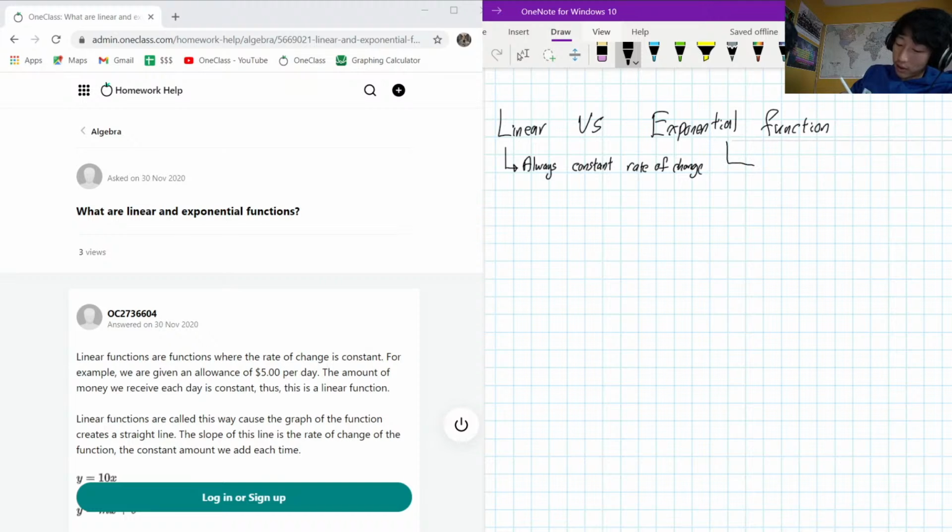For an exponential, these are always changing rate of change.